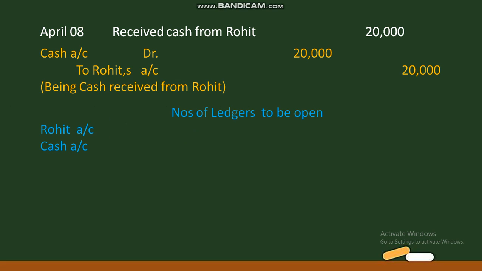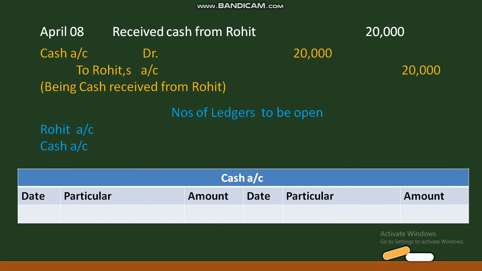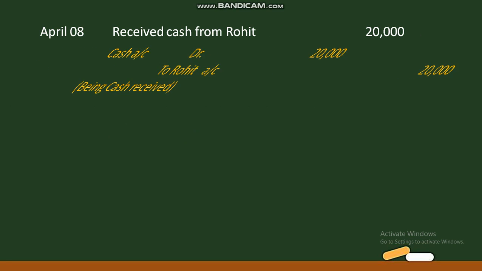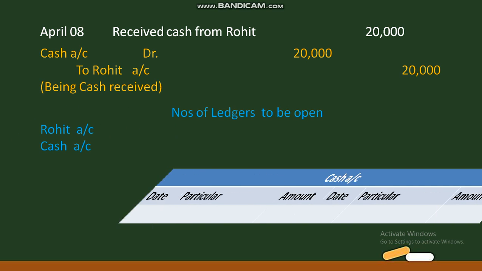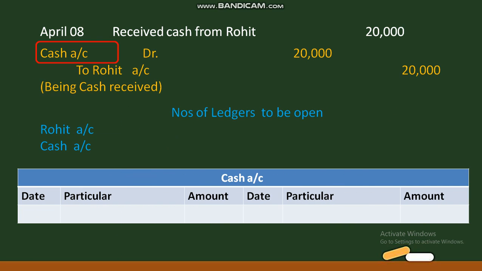So what we have to do? First we are going to prepare the cash account. According to the transaction you have to check whether cash is debited or credited. As you can see, cash account has been debited. Once you prepare the cash account, first we have to put the heading as cash account, the cash ledger.